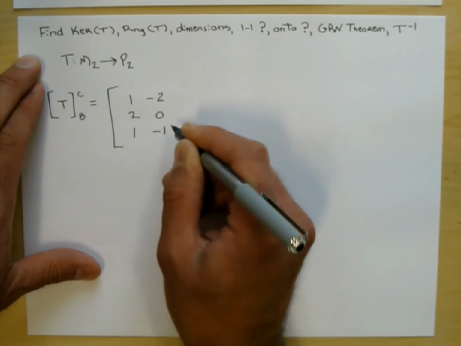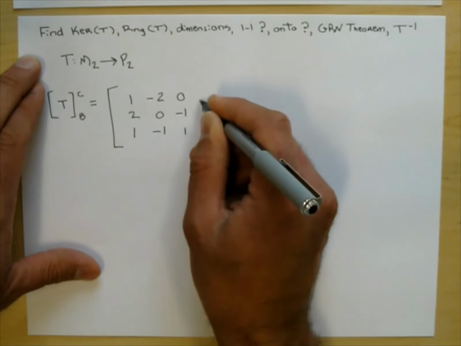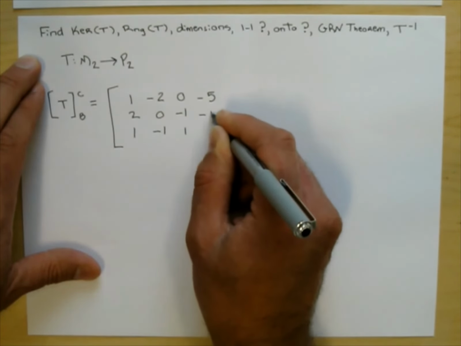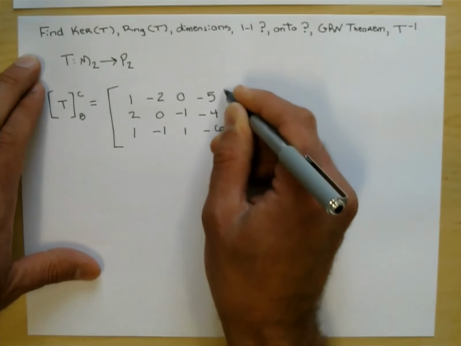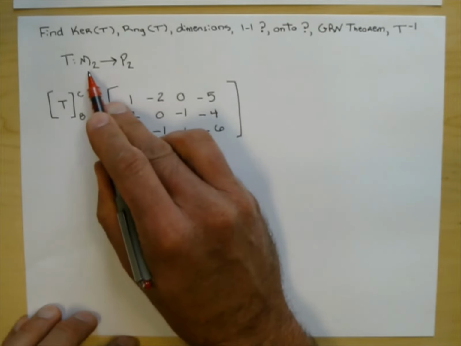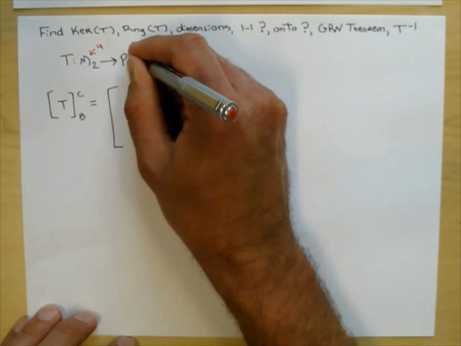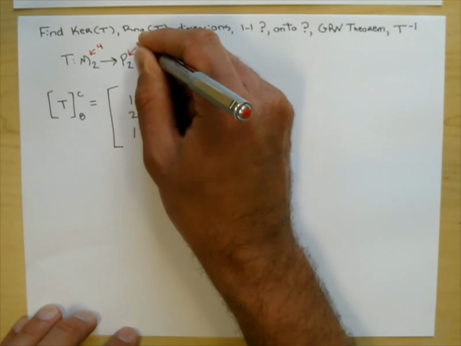So what I'm doing is sort of a review of what we've been doing in this chapter. Before I move on, I want to first point out the dimension of M2, that's 2 by 2 matrices, is 4, and the dimension of P2 is 3.